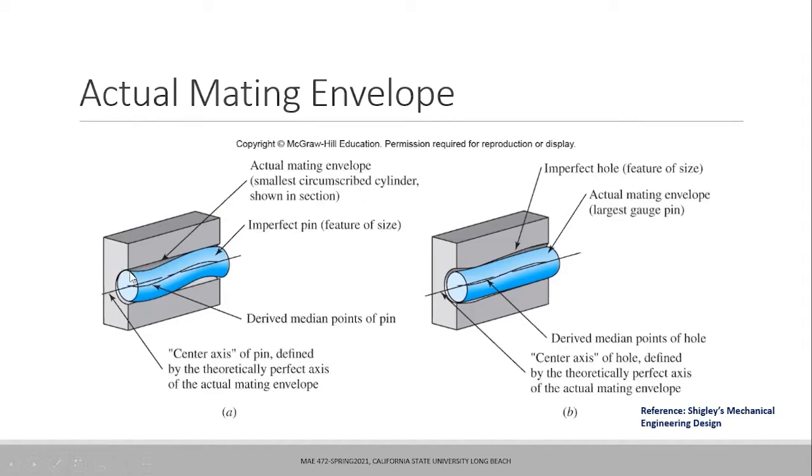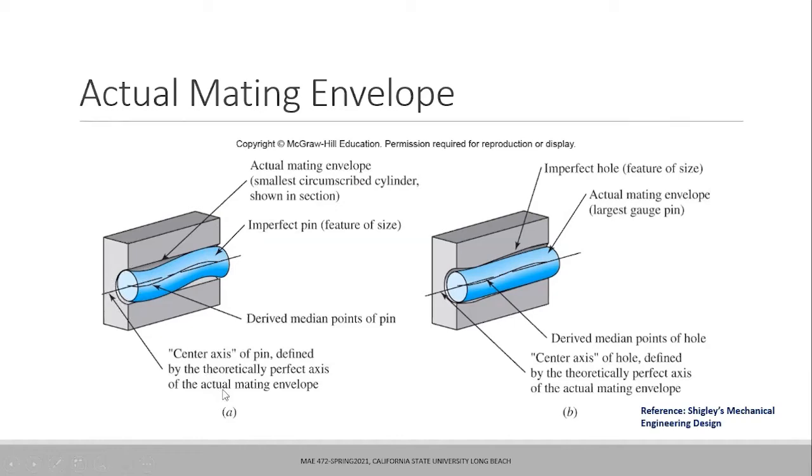So we use this pin and try to insert it into the brackets with different holes, and we see what is the minimum circumscribed cylinder required to fit the entire pin in that bracket. That will define the feature simulator, and the axis of that hole will represent the datum axis.